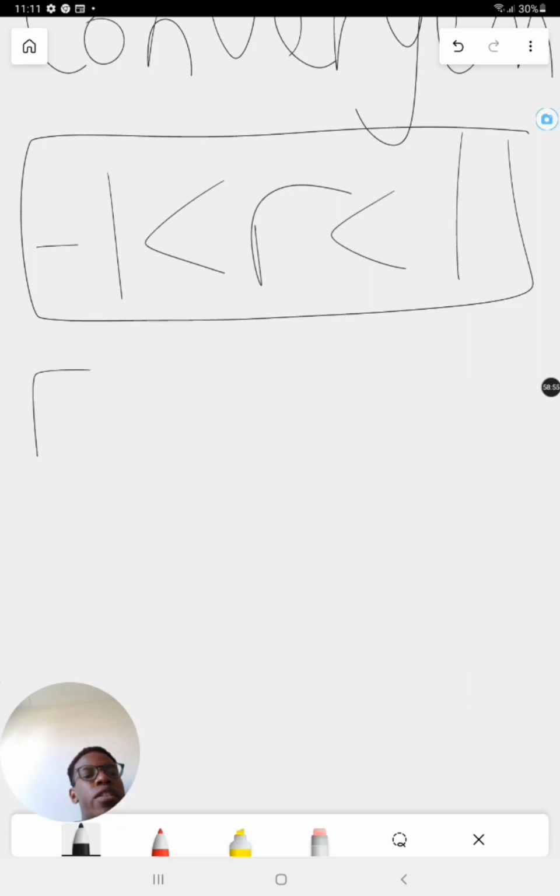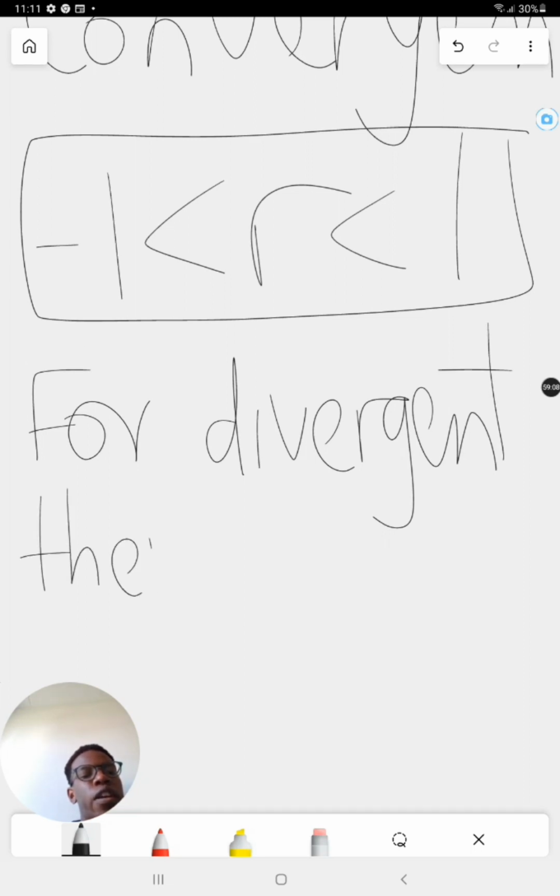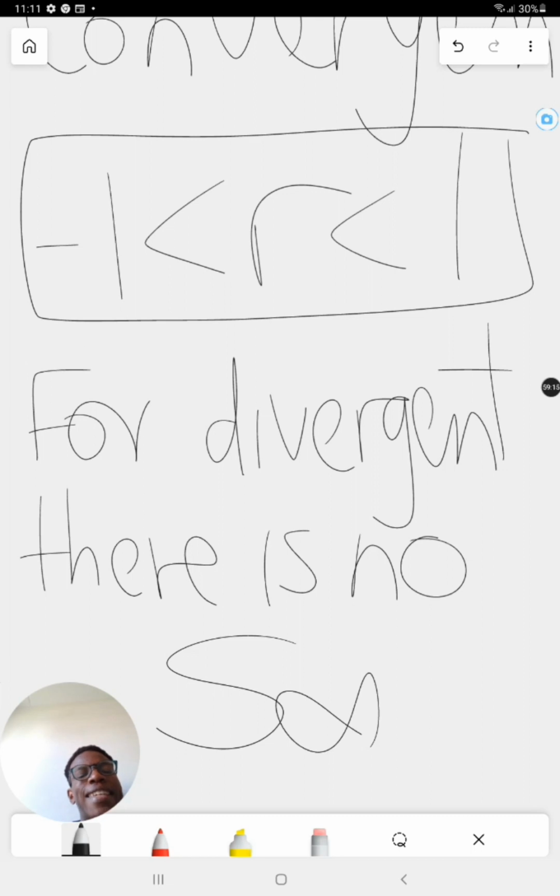For divergent series, there is no such thing as a sum to infinity. It does not exist.